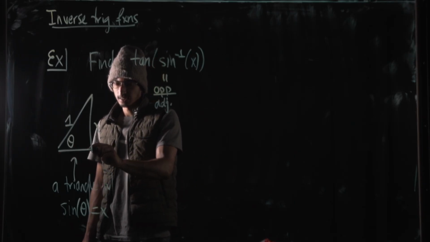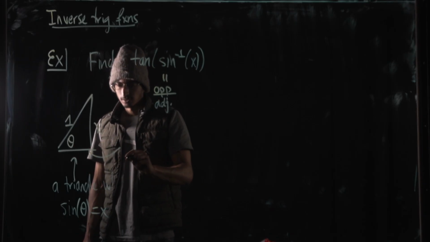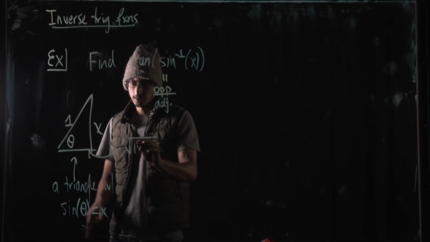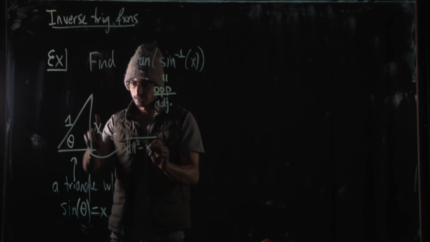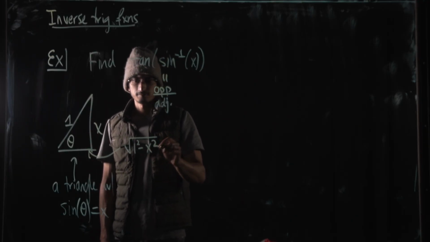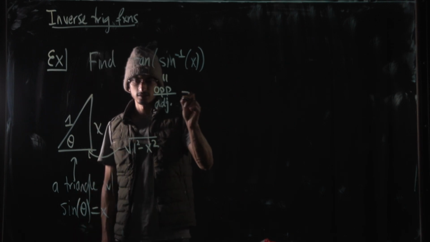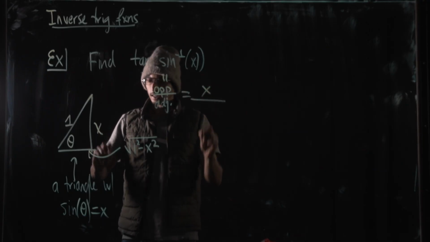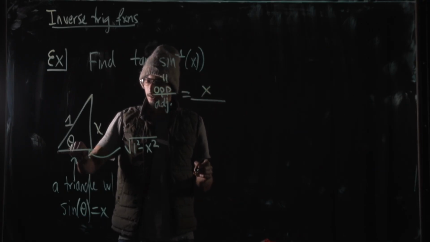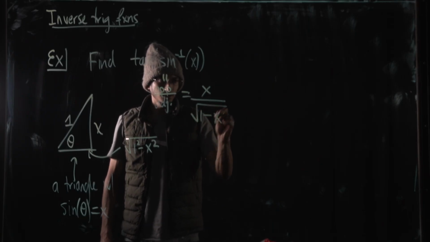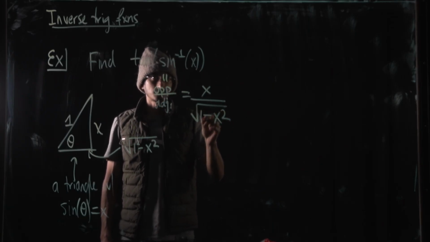The adjacent side equals the square root of hypotenuse squared minus this side squared. Great. So that's the square root of 1 minus x squared. Opposite is x, and what's down over here is the square root of 1 minus x squared. So that is our answer.